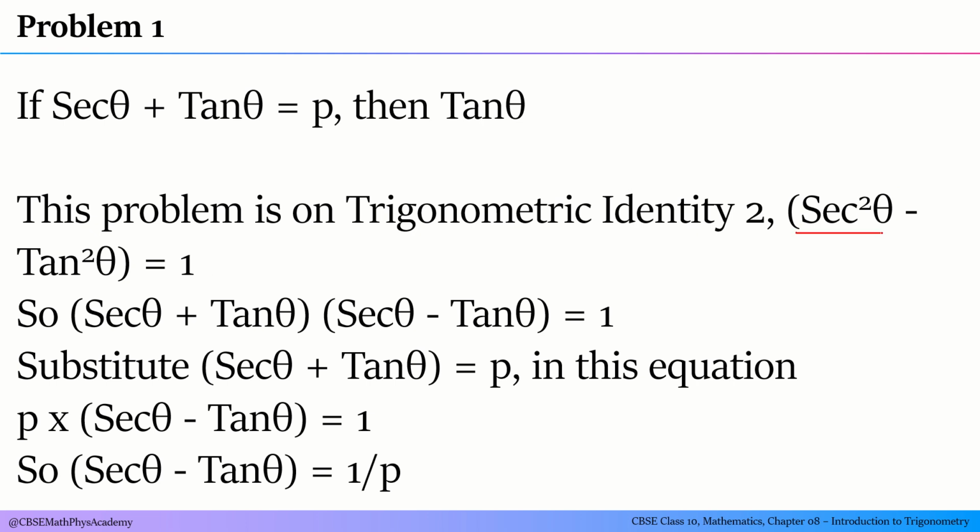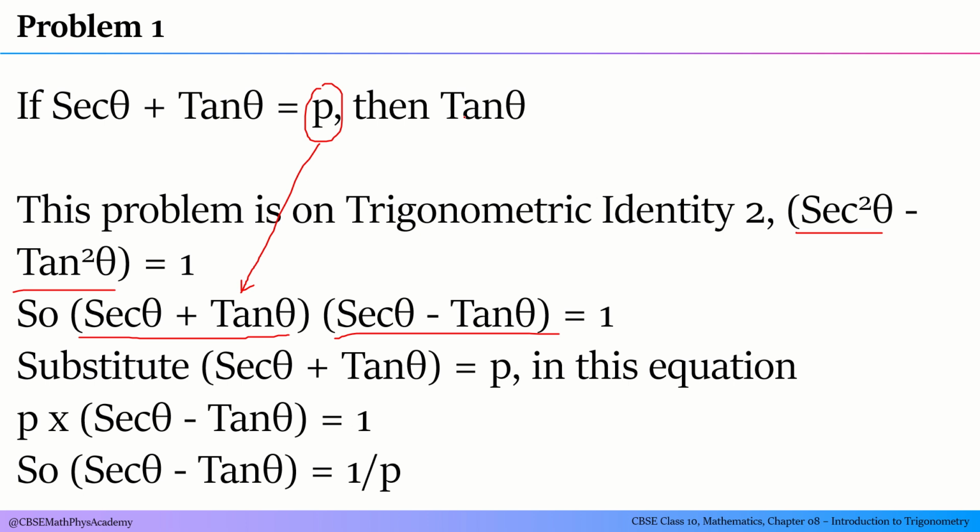So I am splitting this as sec theta plus tan theta into sec theta minus tan theta equal to 1. Since the problem gives the value of p, you substitute it here: p times sec theta minus tan theta is equal to 1. So sec theta minus tan theta is equal to 1 by p, which is basically the inverse of sec theta plus tan theta.